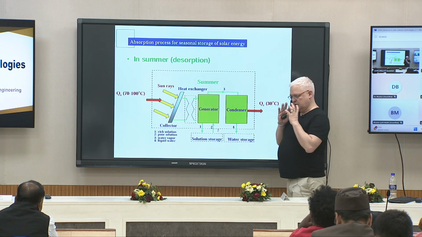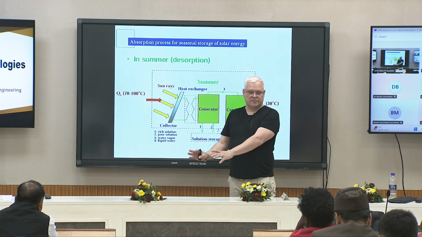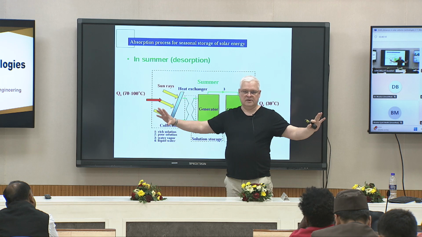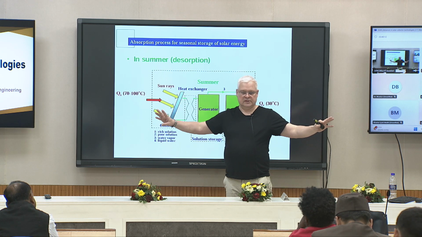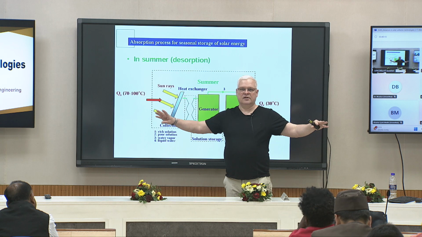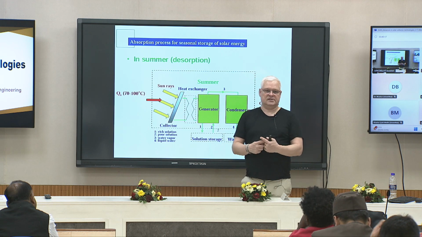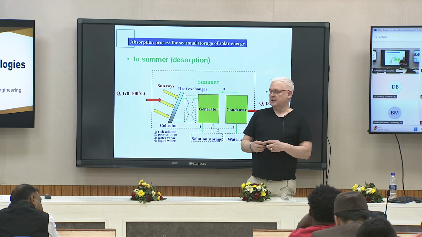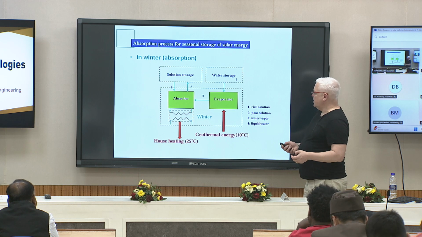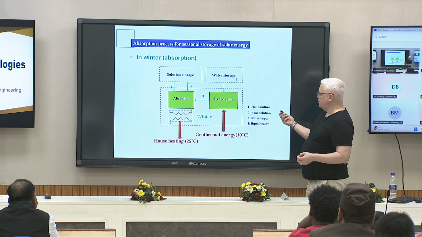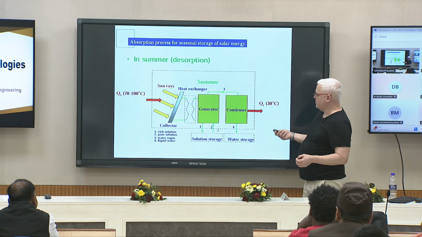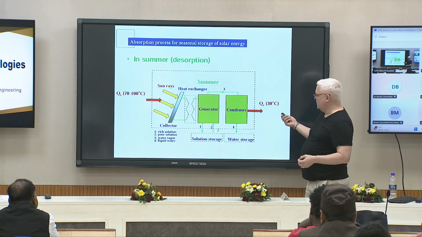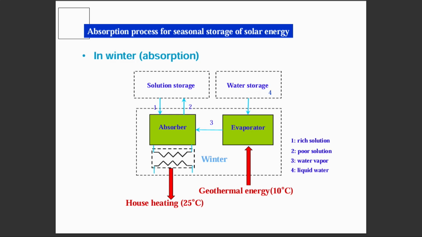When we are heating during summertime, for example, we are generating two big volumes of the two media, and during winter time, when we want this heat back, we put them together again. So it's summer operating condition, and it is winter operating condition when you want to have your heat back.